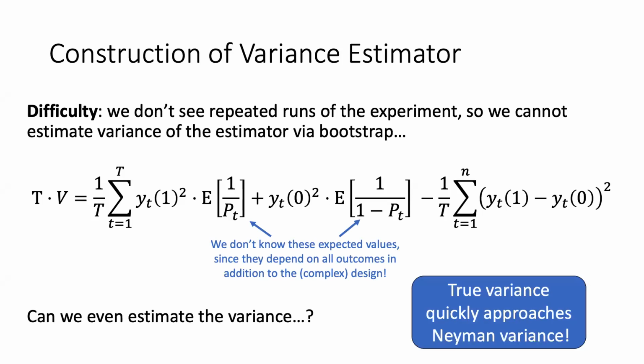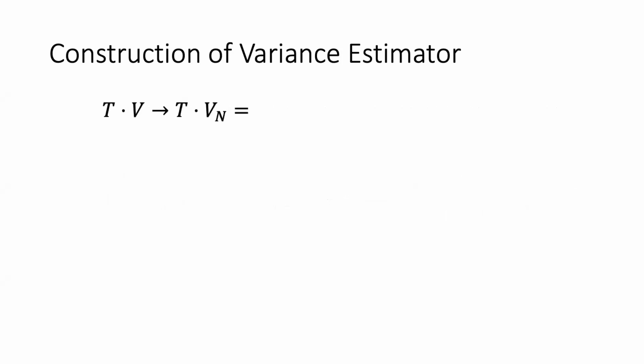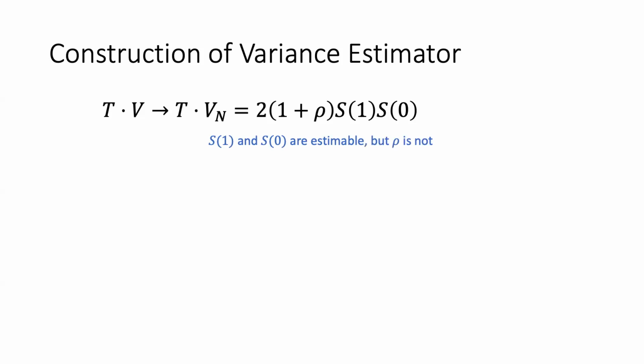And one trick is that we can say, oh, well, the finite sample variance quickly approaches the Neyman variance. So how about I estimate that instead? So just in symbols, we approach the Neyman variance. This is a very simple closed form. What to do here? The second moments are estimable quantities here. Unfortunately, the correlation is not. This is common in design-based inference because it depends on Y_t(0) times Y_t(1). Never can observe that. So we have to upper bound.